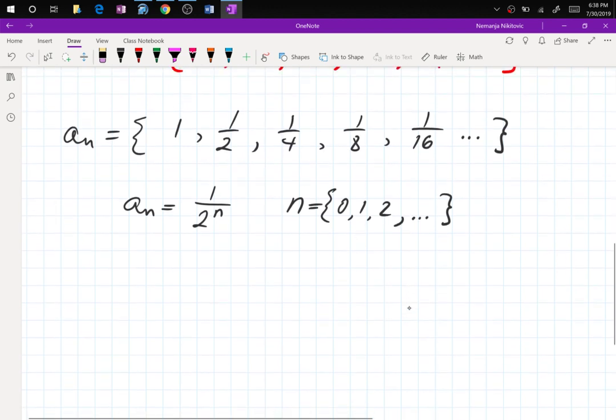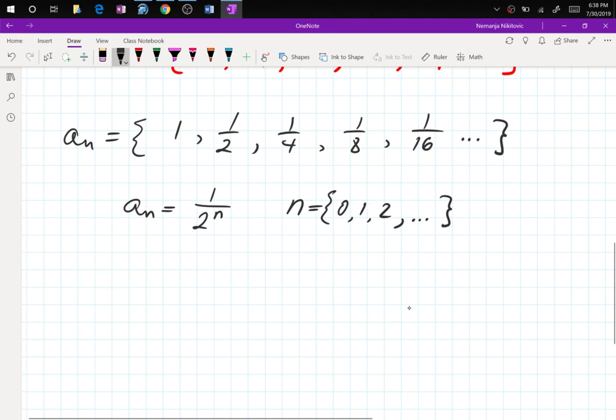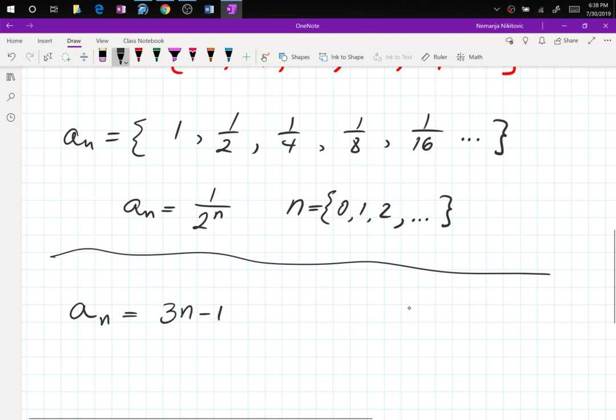So there is a formula, and then there is the set, the list of all numbers. Sometimes the formula is given to you, say a_n equals 3n minus 1, and then you come up with the list. Starting at 0, starting at 1, it's specified. If it's not specified, you can start wherever you want.